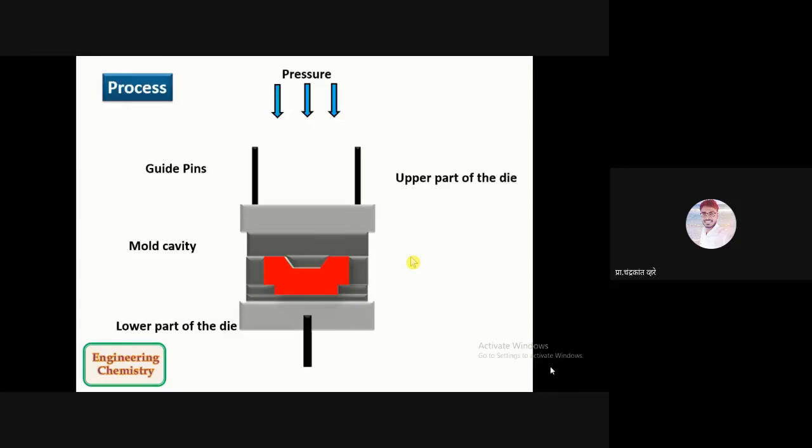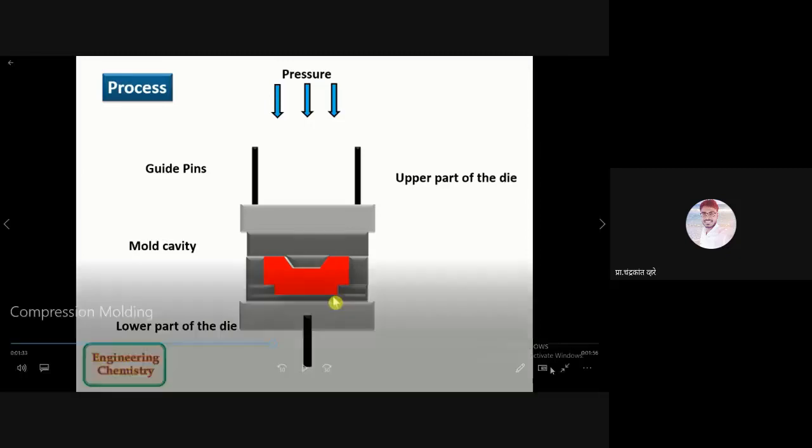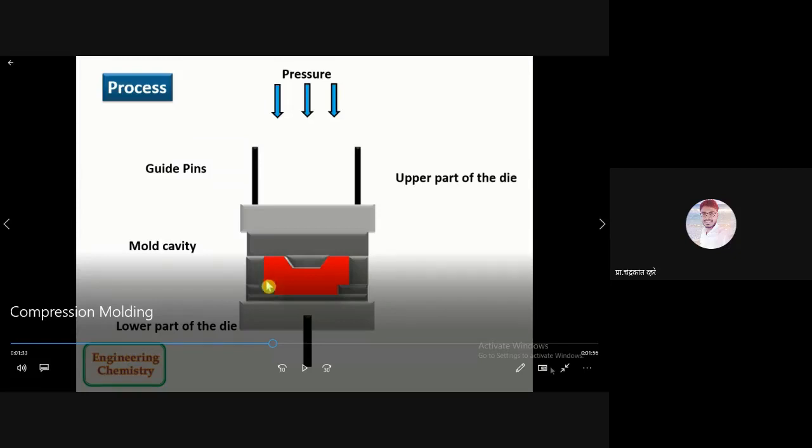If you see, this inside portion is a cavity, and this part takes the shape of this cavity as it is generated, and the outside is the mold. To convert this powder into melt, we are heating this mold.